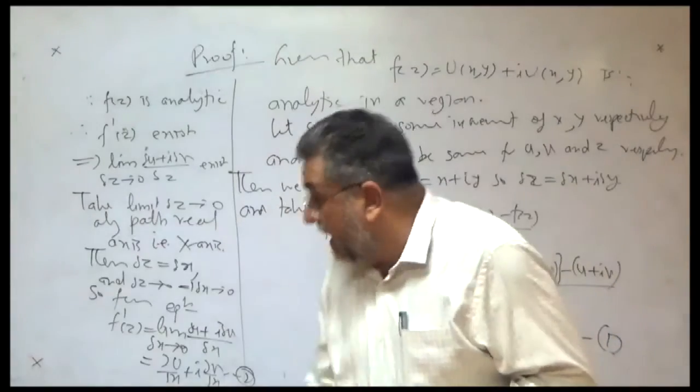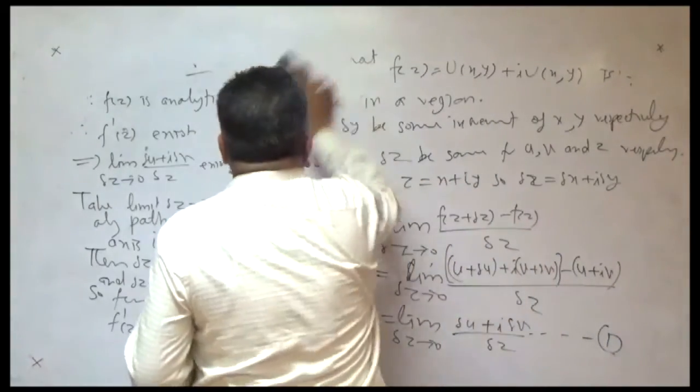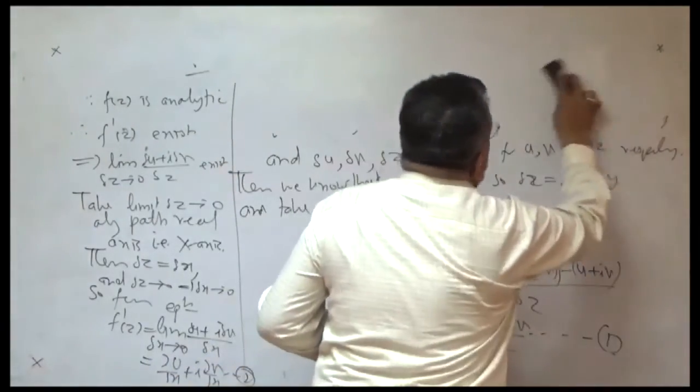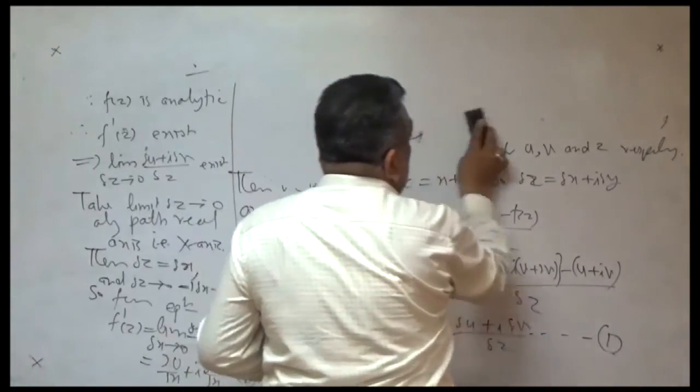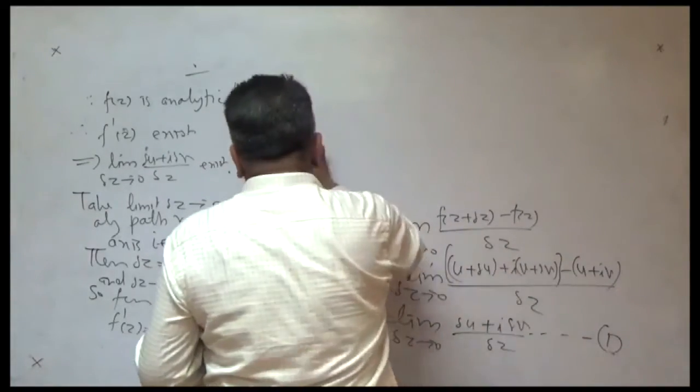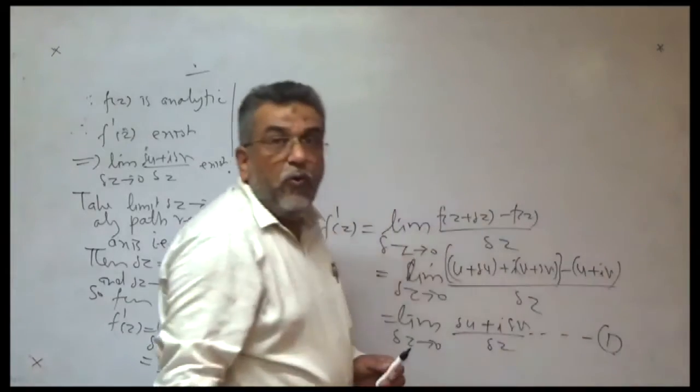Now take the value of this limit along another path. That is, now we take the limit along the imaginary axis. Imaginary axis means y-axis.